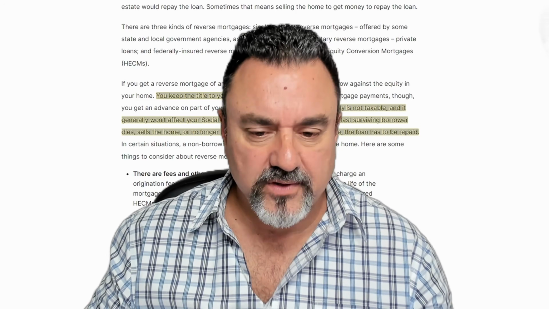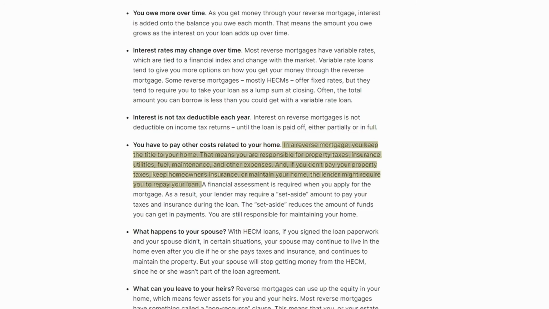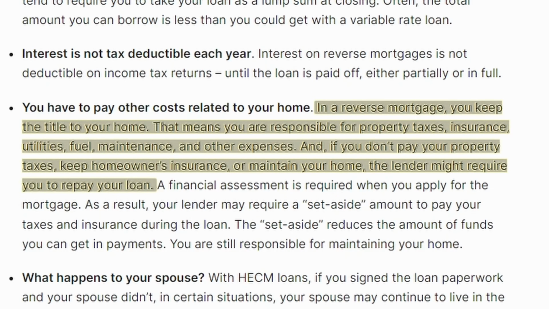Okay, so let's get into the nitty gritty of what a reverse mortgage is at this point. Let's continue down the page of the CFPB and see what else they have to say about reverse mortgages. You have to pay other costs related to your home. In a reverse mortgage, you keep the title to your home. That means you're responsible for the taxes, insurance, fuel, maintenance, and other expenses.